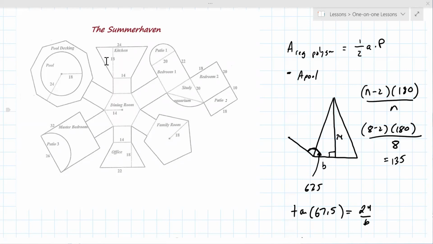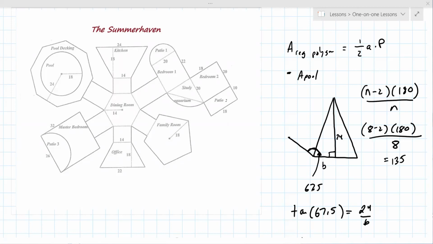Okay, so the kitchen is a trapezoid. Do we have to say what it is? No, I don't have to say what it is. So the area of the kitchen is 1/2. It's actually the average of the bases: base 1 plus base 2, divided by 2, times the height.